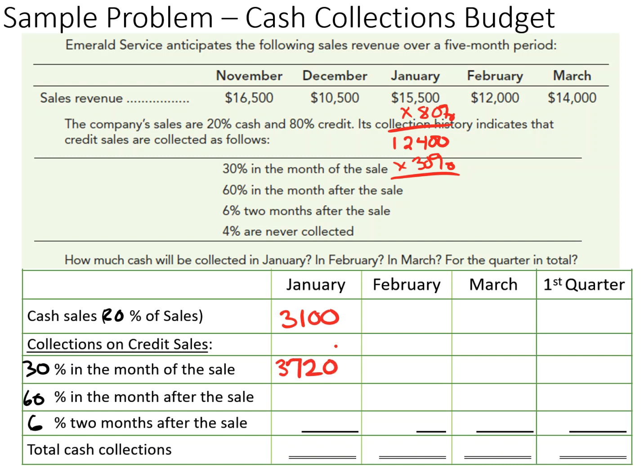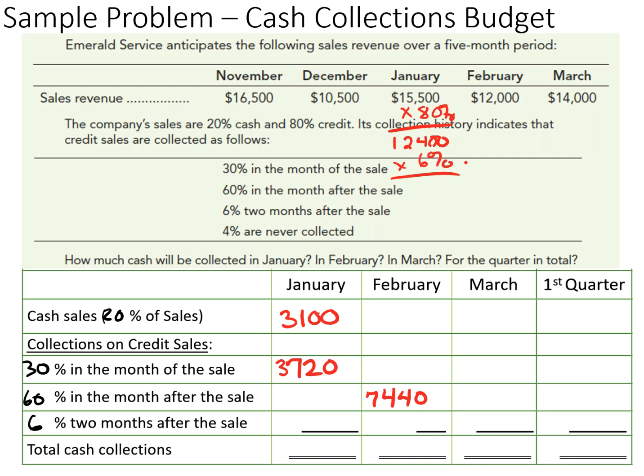Okay, now 60% of that 12,400 is going to be collected in the month after sale. So if we take 12,400 times 60%, we should get $7,440.